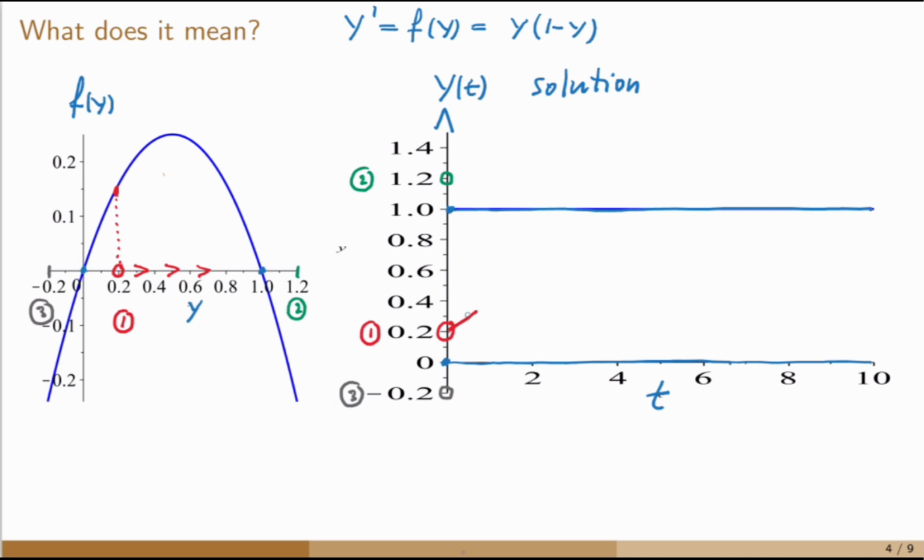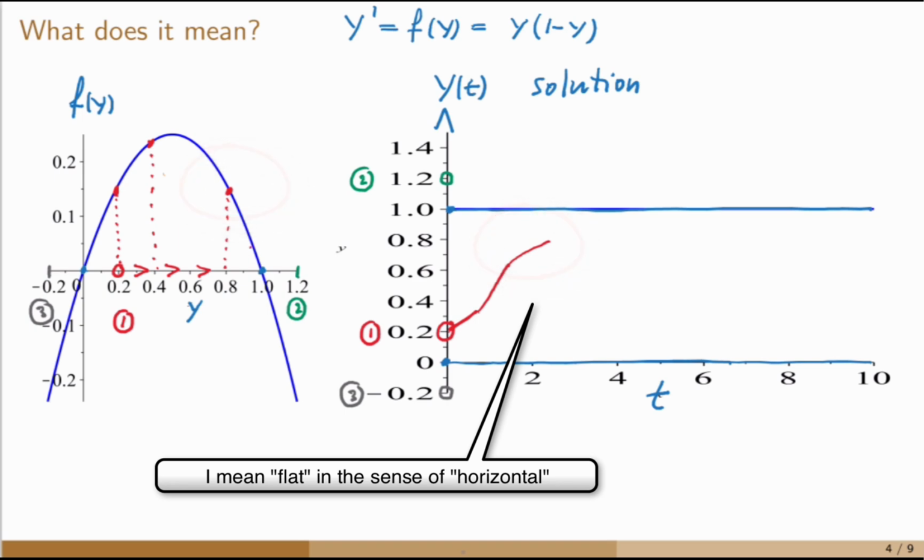So then the function increases, I get maybe close to 0.4, so which is somewhere here. And then the f value is increasing. The f value is the slope of the curve on the right. It is increasing there, so I get a little bit steeper slope somewhere here. But I'm still increasing. I follow these arrows in the phase plot. So then I get maybe to 0.8 at some point, and the slope is maybe a little bit flatter.